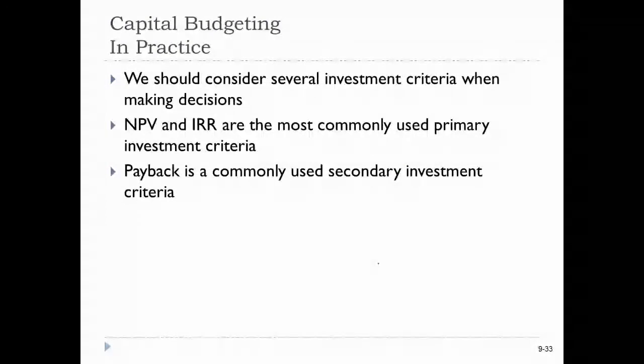It's always good to consider different criteria when you're making a decision. There's no rule that says you have to calculate only one of these. So it's pretty common to calculate all of them. Net present value should be the primary decision-making rule because it does measure exactly how much value an investment creates. But IRR can be useful too in communicating that decision and justifying that decision to somebody else.